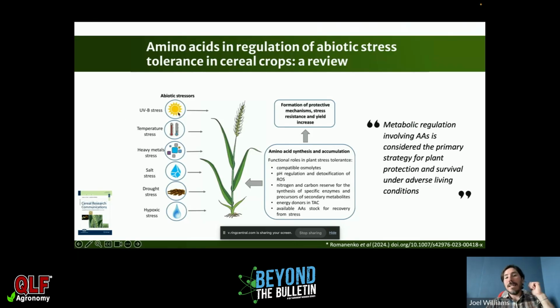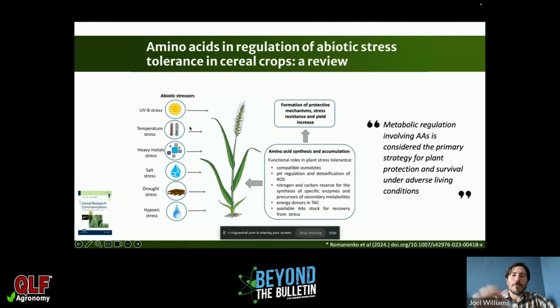Whether that's heat stress, high UV, heavy metals, salinity, drought stress, waterlogging, pretty much any environmental stress, which, let's be honest, every year we have a range of. Amino acids will, in one way or another, help the plant produce the specialized proteins that alleviate the negatives of that stress.